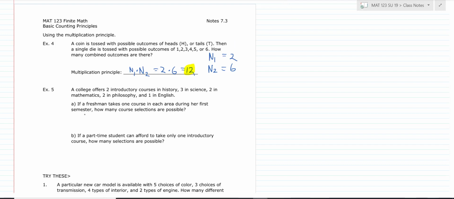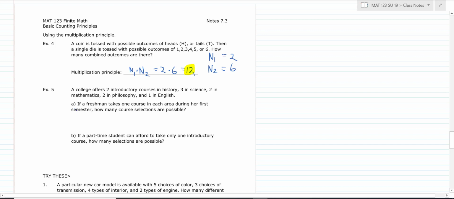Okay, and then the next one, example 5, says a college offers 2 introductory courses in history, 3 in science, 2 in math, 2 in philosophy, and 1 in English. A freshman is going to take 1 course in each area during their first semester.